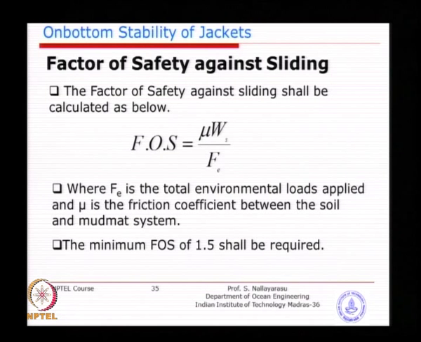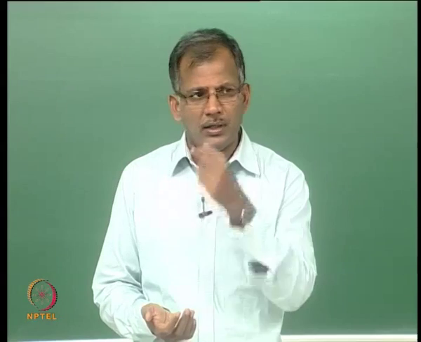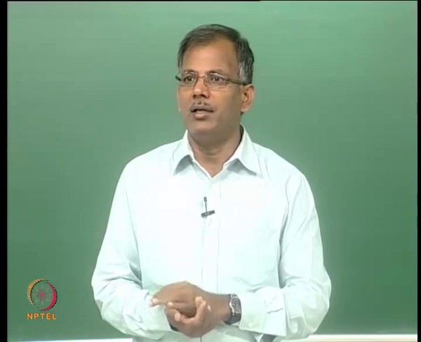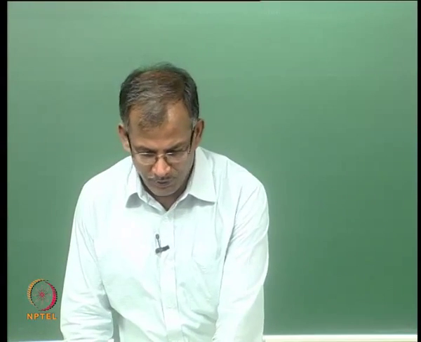This is basically the drained condition, which you could use in areas where the drained condition does exist, and even in undrained condition, in many cases for sandy material, we use this type of calculation.